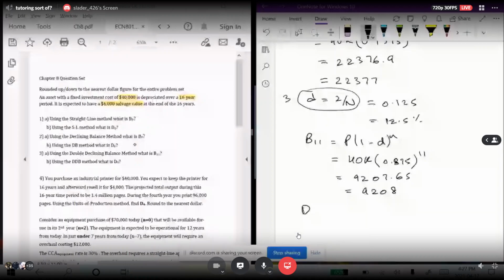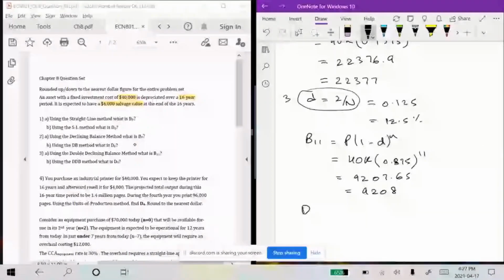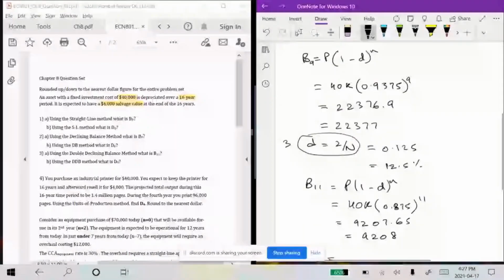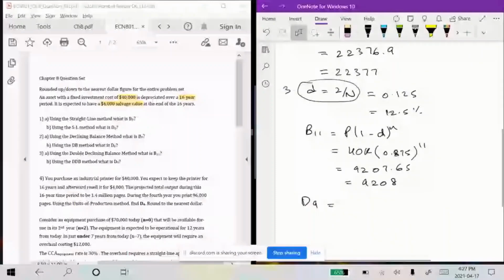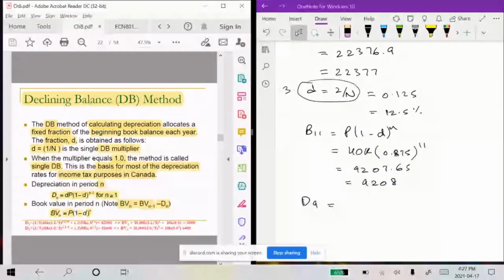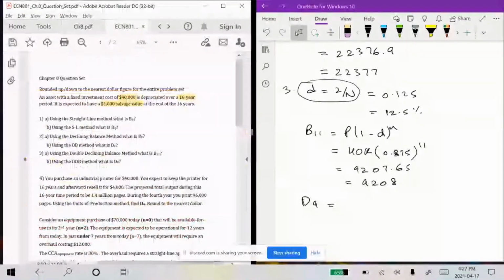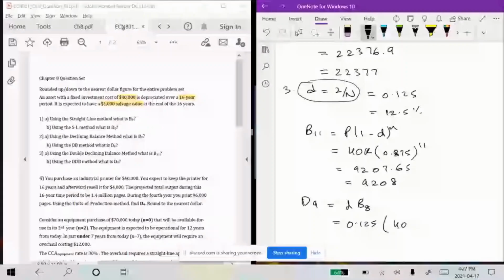So D9 is just D into the B of the previous one. So it would be D into B8. That would be 0.125, and B is 40,000 into 0.875 raised to the power 8, because you take the book value of the previous period.